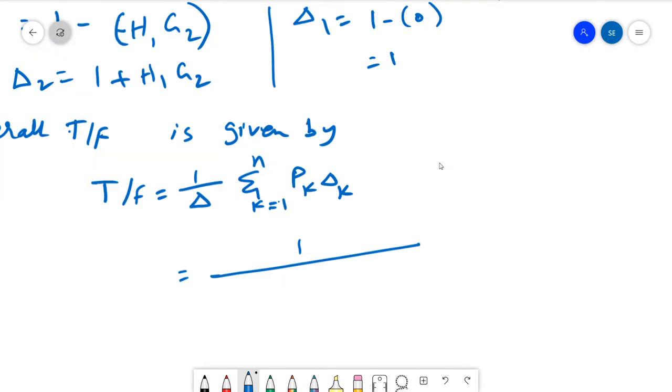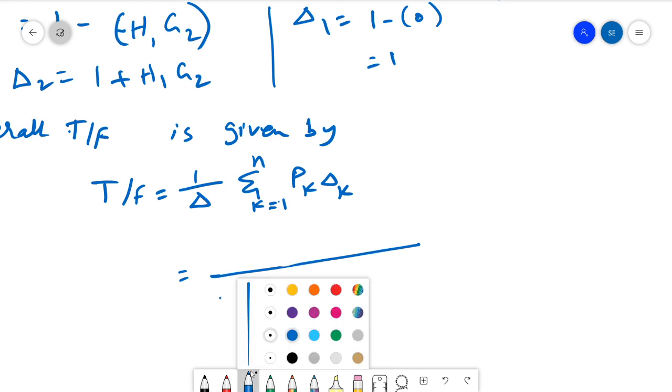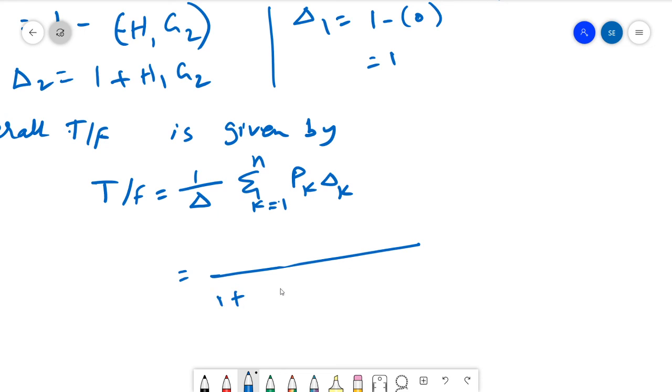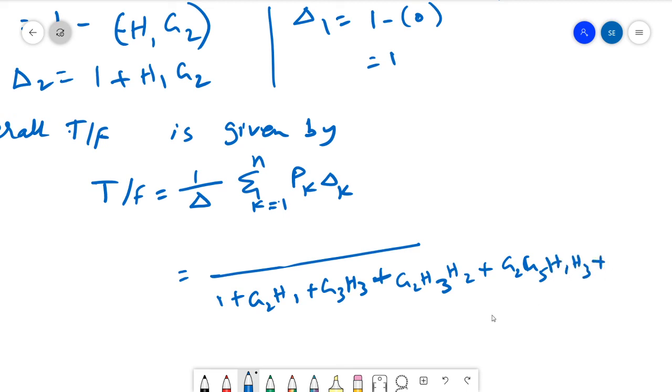I'll mention del equal to 1 plus G2H1 plus G3H3 plus G2H3H2 plus G2G5H1H3 plus G2G3G5H2H3. This is for del.